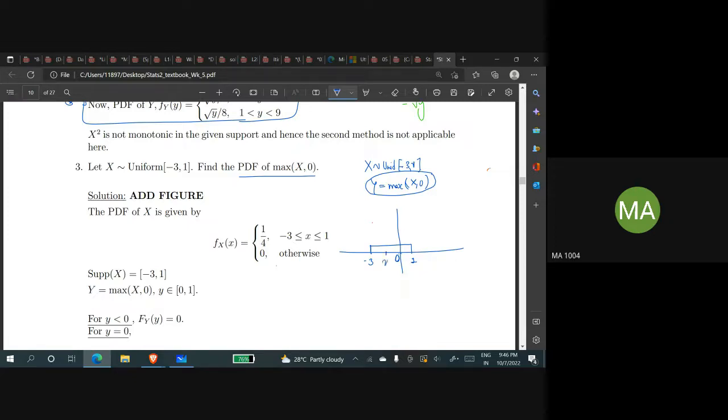Any x that you take between -3 to 0, your y is going to be 0, because the maximum is always going to be 0. So y is going to be 0 for any x that lies between -3 to 0.